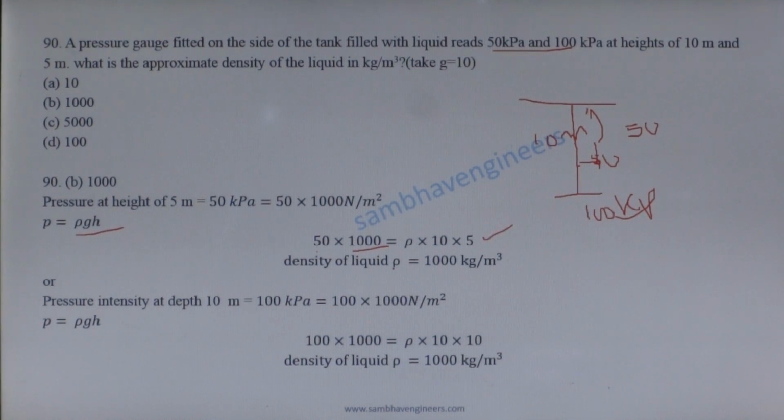We get the density of fluid is equal to 1000 kg per meter cube. Similarly, for 10 meter depth, 100 kilopascal, 100 multiplied by 1000 is equal to rho, g is equal to 10 and h is equal to 10 meter. The density of liquid is equal to 1000 kg per meter cube.